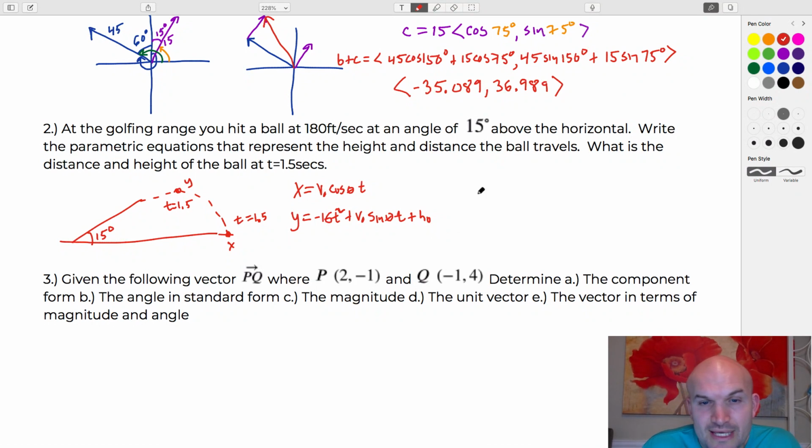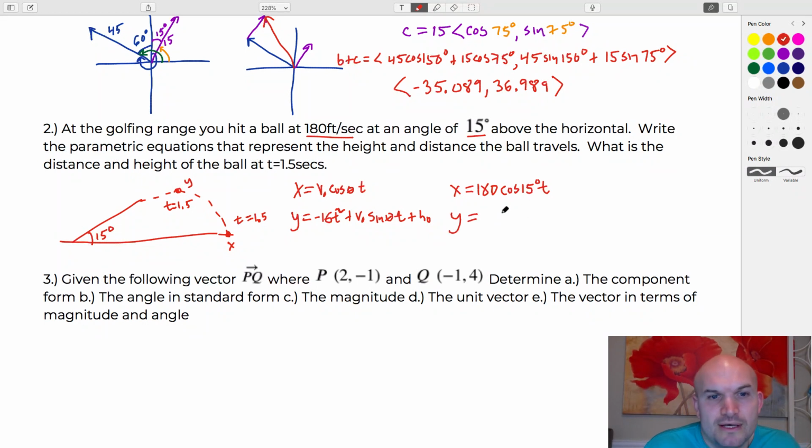So the first step is to write the parametric equations. Well, v sub 0 is our initial velocity, so that was 180 feet per second. And then we have 15 degrees. So you just needed to plug in 180 times the cosine of 15 degrees, then times t. And that was it for the parametric equation for the x-coordinate.